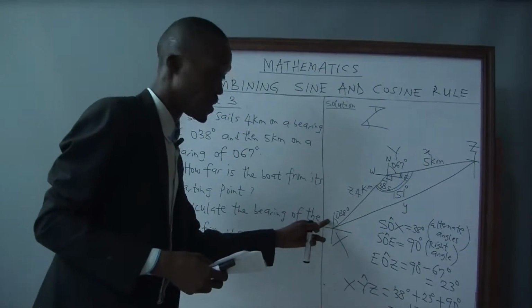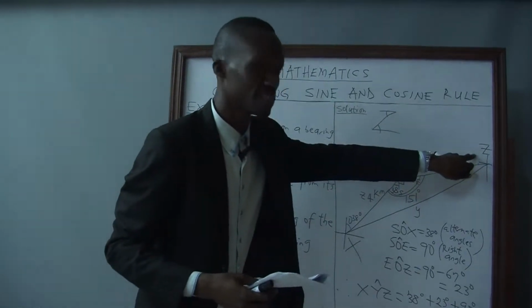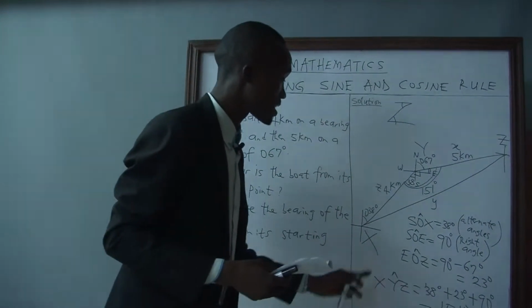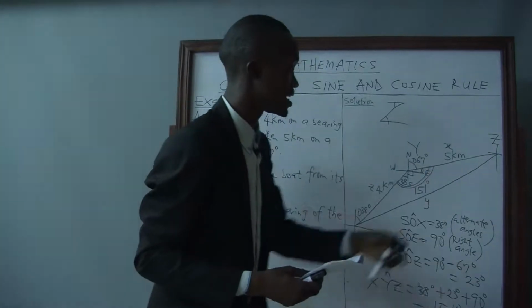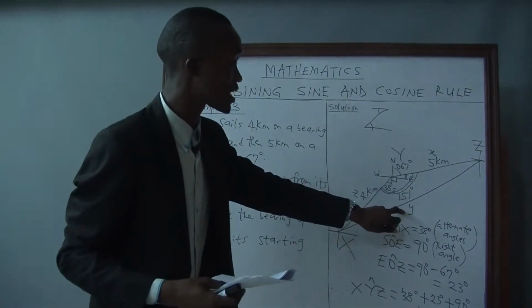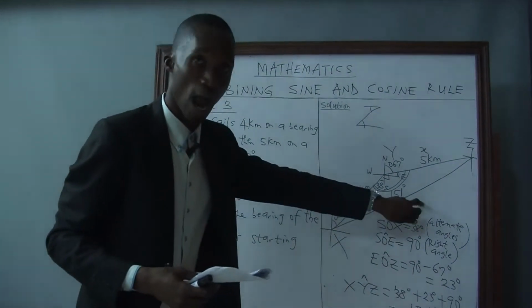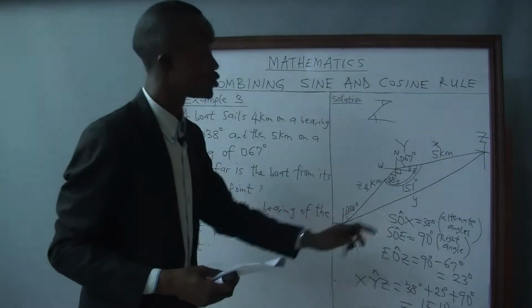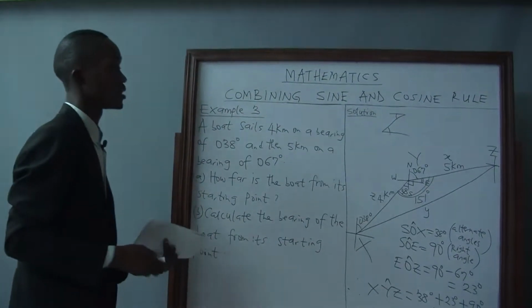The boat started from here and this is the final destination of the boat. So we have to get the distance from this starting point to the final destination, and we represented that with small y, and we use the cosine rule to get the distance y.